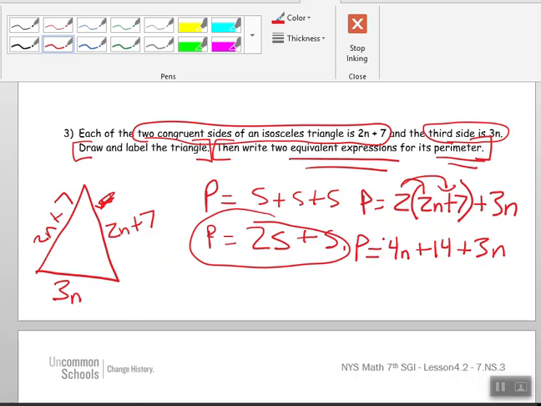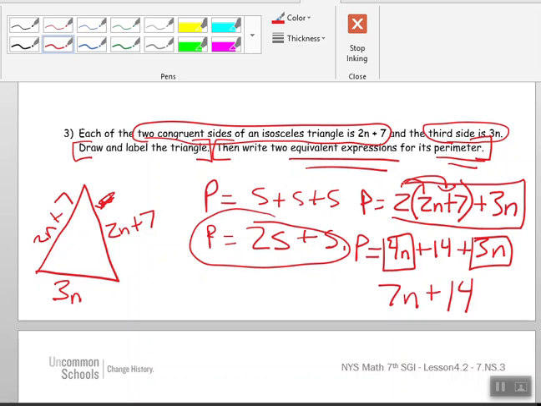And then I could combine 4n and 3n, and that's going to leave me 7n plus 14. So this is one way to write it, and this is another way to write it. I have these two equivalent expressions that I can use. All right, get started on your exit ticket. Good luck.